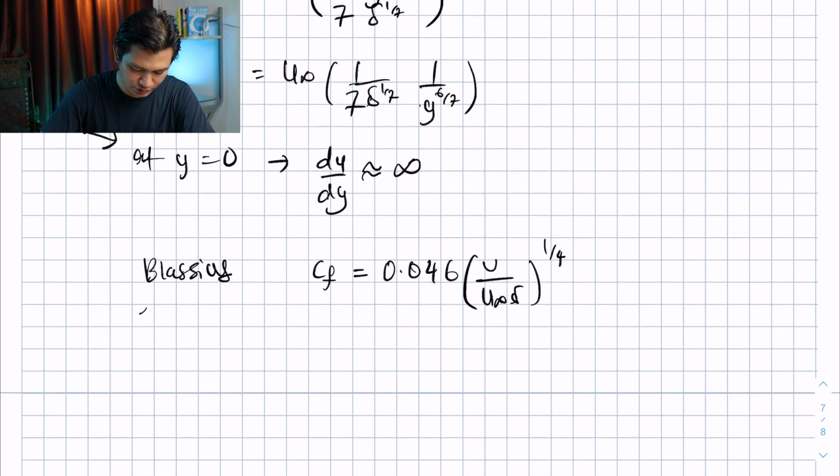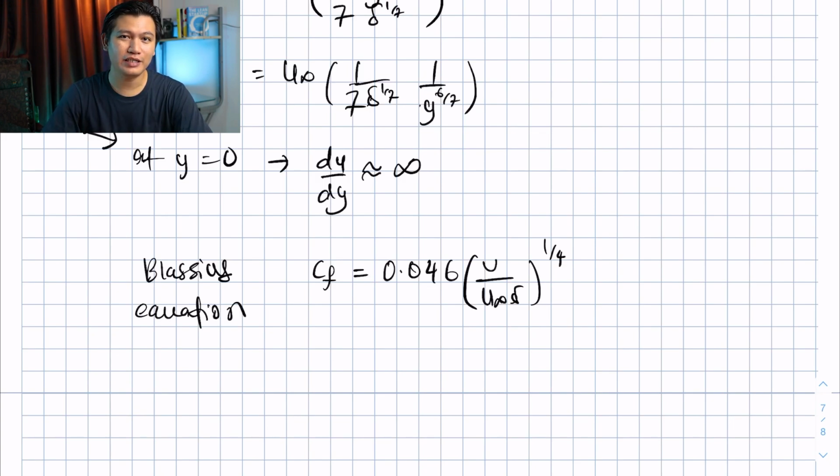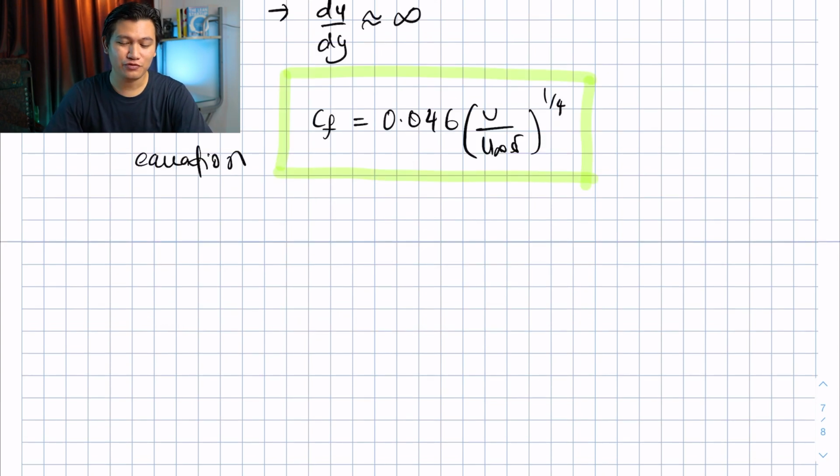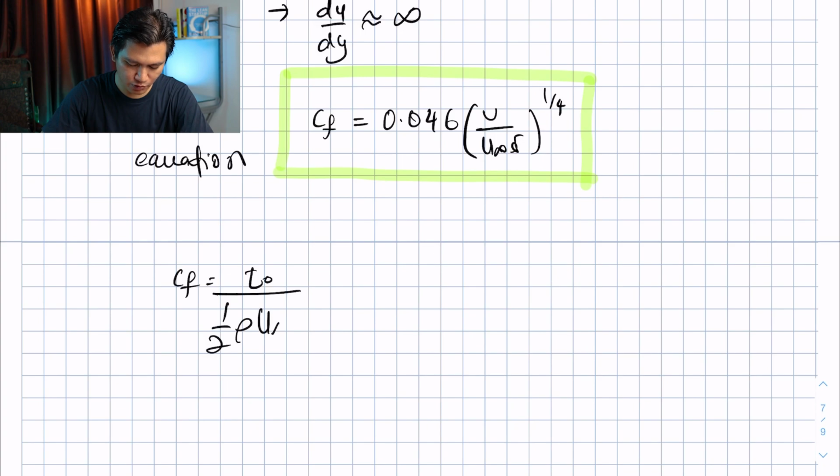This is called the Blasius equation, and to solve for the boundary layer in the turbulent region, this is very important. What we know from the previous video is CF equal to tau naught divided by half rho u infinity square.